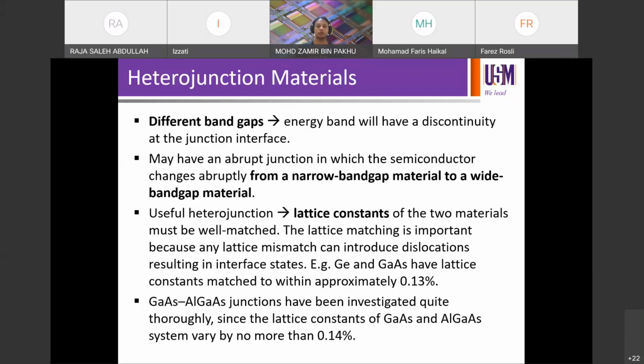And we need to calculate the lattice mismatch to see how much is the difference between the lattice constants of both materials, the one that stays at the bottom and the one that we try to grow on top, okay? So don't worry yet, because we're going to learn about the fabrication in the next semester for applied students.